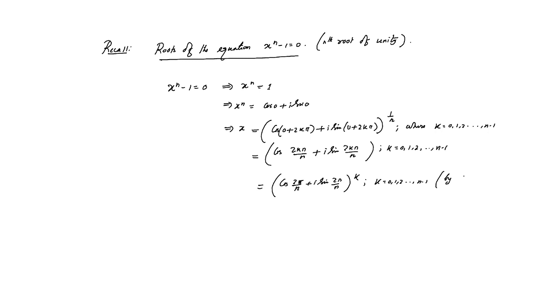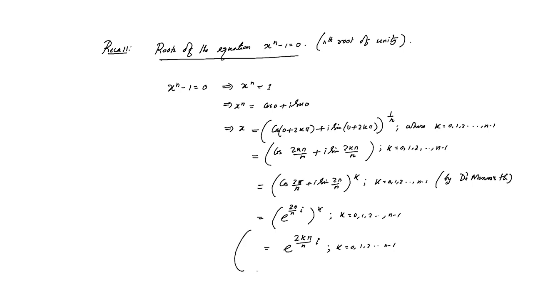So we can write e to the power (2πi/n) whole to the power k, where k equals 0, 1, up to n minus 1. So e to the power 2kπi/n, where k equals 0 to n minus 1.